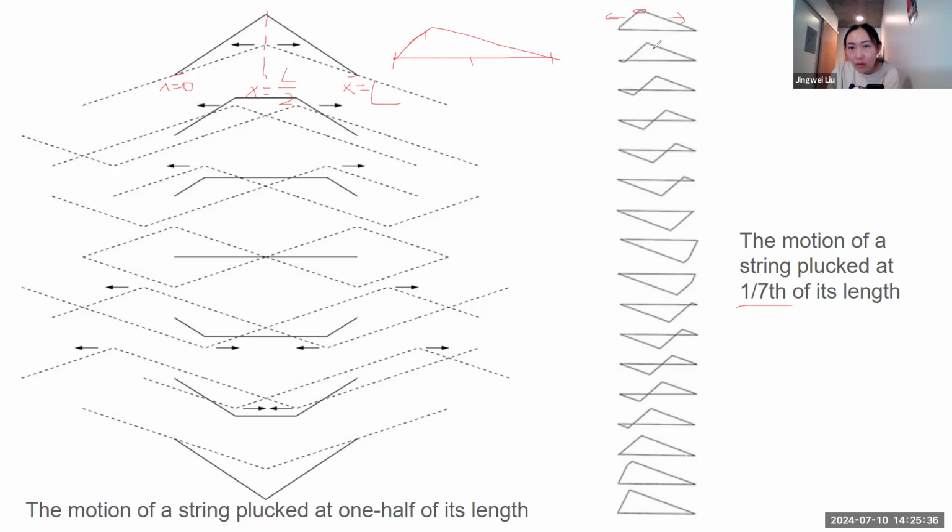So when the right traveling wave is still here, still moving like this, the left traveling wave already hits the boundary and will be reflected. So the left traveling wave will be reflected first, and this will be reflected here and here and here, right? Until the right boundary is hit.